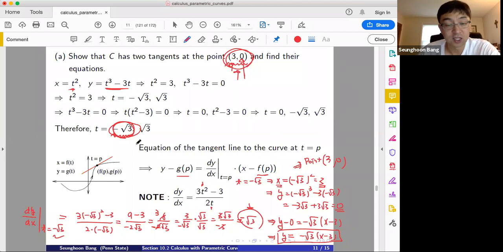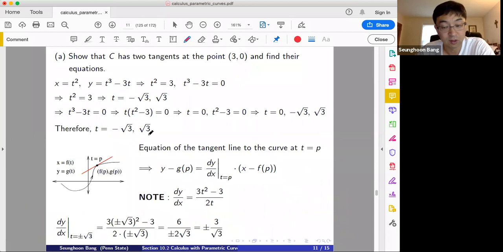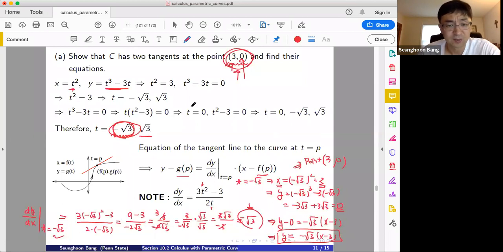Next, what's the equation of a tangent line at t equals root 3? You can use the same procedure. You can find dy over dx at t equals root 3. You plug root 3 into here: 3 times root 3 squared minus 3 over 2 times root 3.